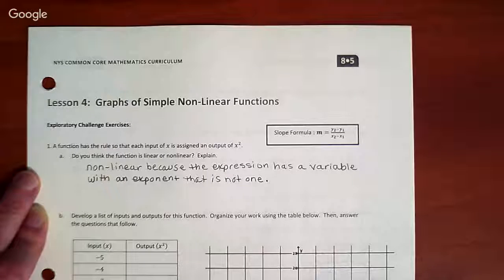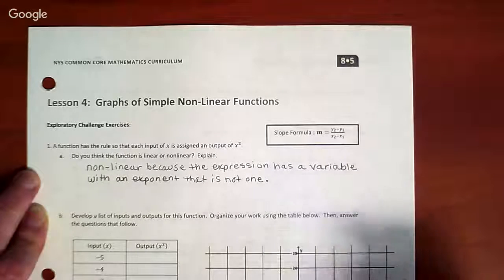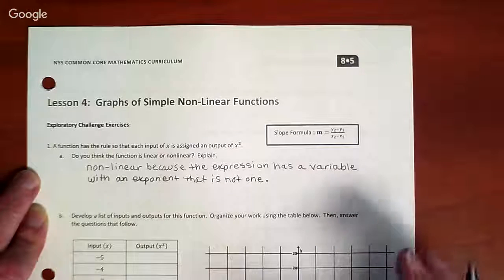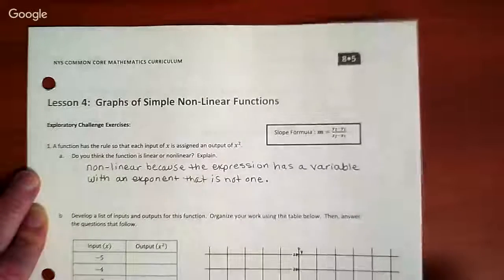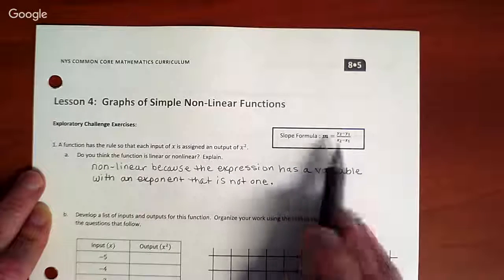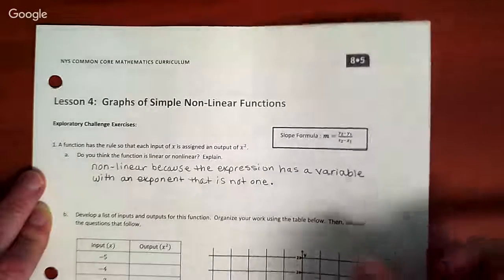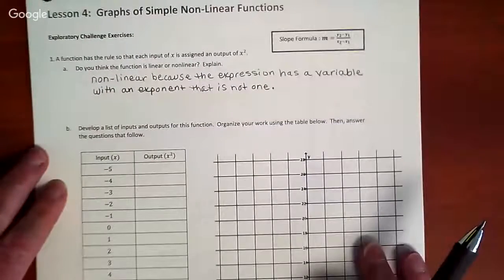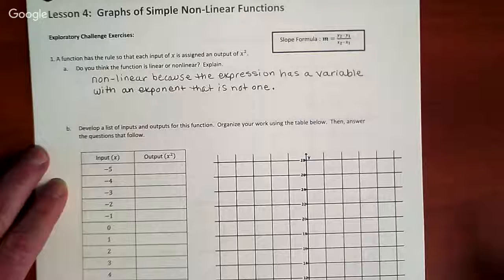So now, when we do this, we do not want to connect our dots. For part B here, it says, and also remember our slope formula here, develop a list of inputs and outputs for this function.